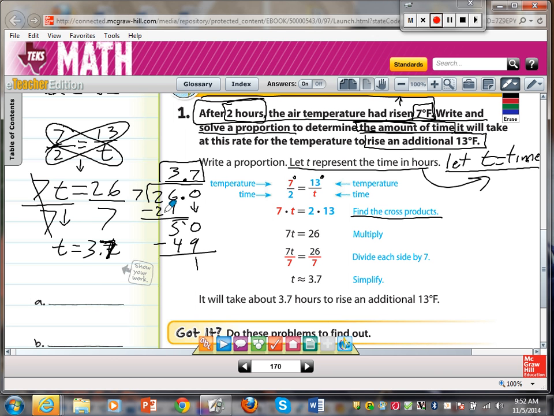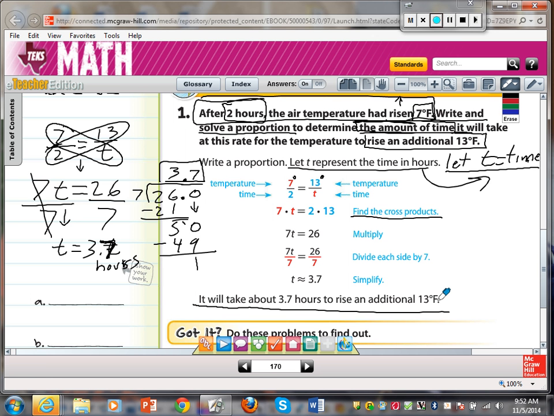Well, we just found out that it's going to take about 3.7 hours for the temperature to rise 13 degrees more. And then you have to put it in a sentence form so you can make sense of the whole thing. So this is, it will take about 3.7 hours to rise an additional 13 degrees.